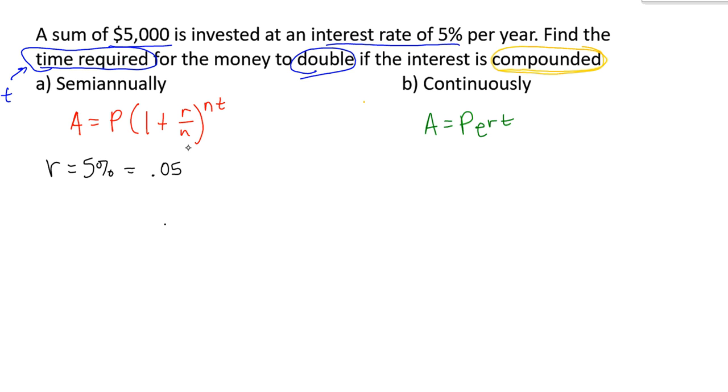We also have P. P is going to be 5,000. We have to find T. We know it's semi-annually, so N is going to be 2. And we've got one more piece of information that it's going to double. Well, that has to do with A. That's our final amount. So if P starts out at 5,000, our A after so much time should be 10,000.